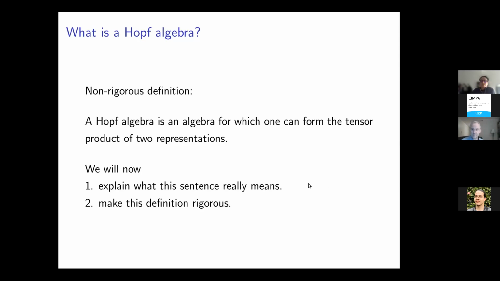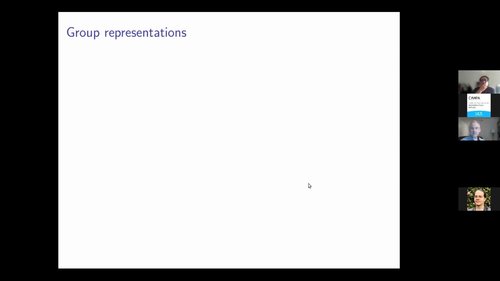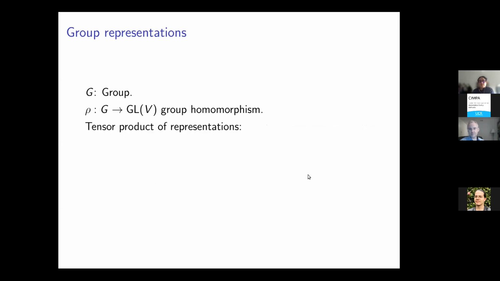So let's see how this works. You don't have to know too much, but you have to know what a group is. A representation is nothing but a group homomorphism from G to the general linear group of a vector space V. And you can form the tensor product of 2 group representations, always.